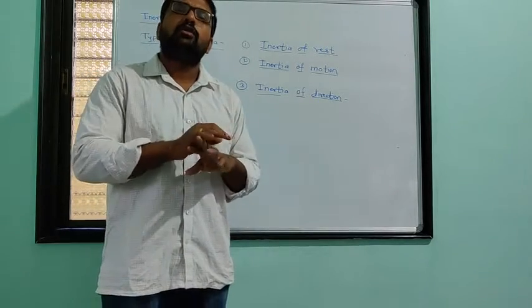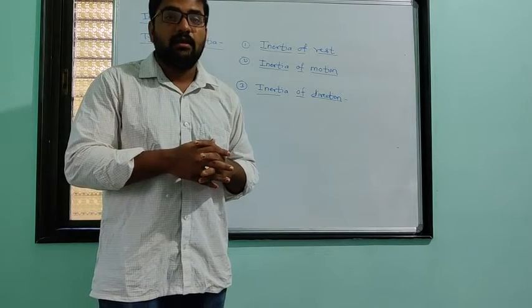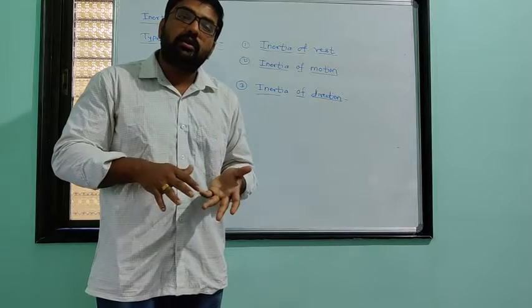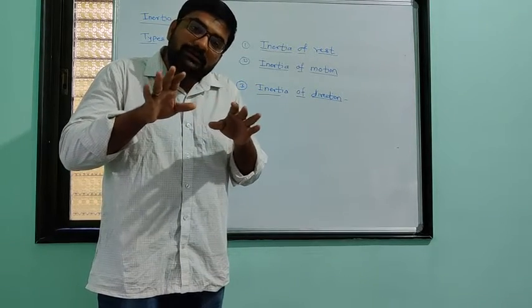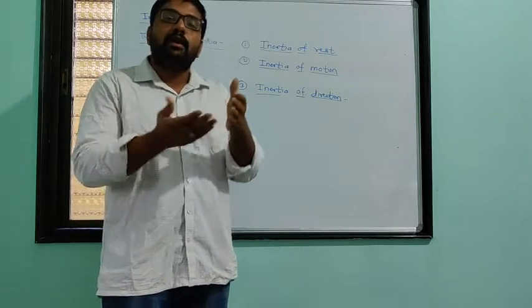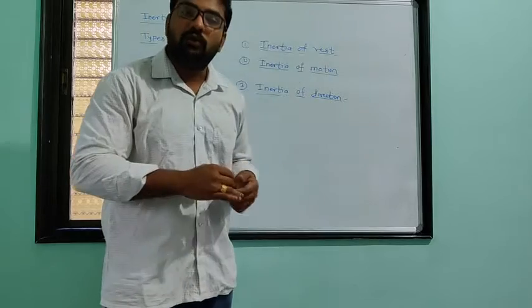Our body does not want to change its state. The bus is in motion, but our body tries to remain in its original steady state. That is why we move backward when the bus moves forward.